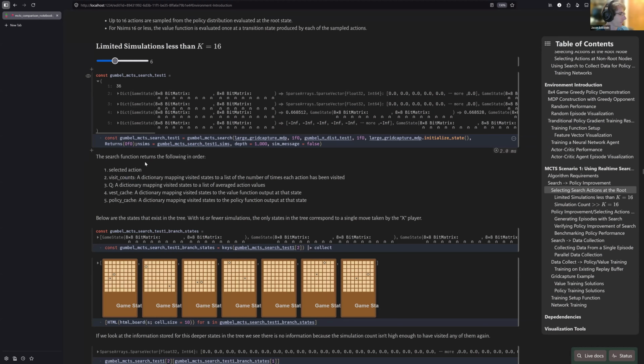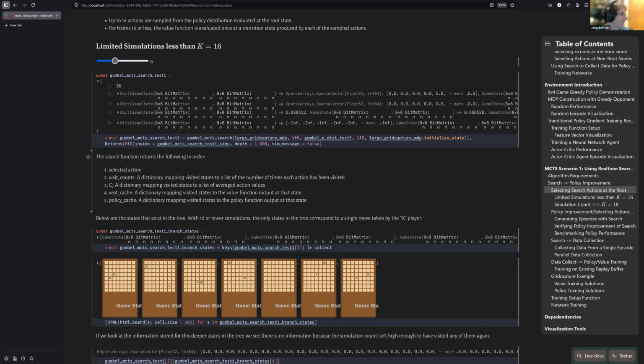And each of these things, like the visit counts and the action values, every state then has a 64 length vector, because those are all of the possible actions. The ones that are invalid are masked out of that, so they will never be visited, because you can't take an action in a square that's already occupied.